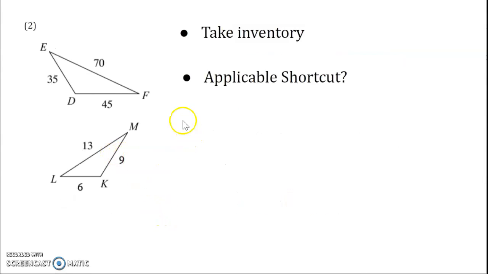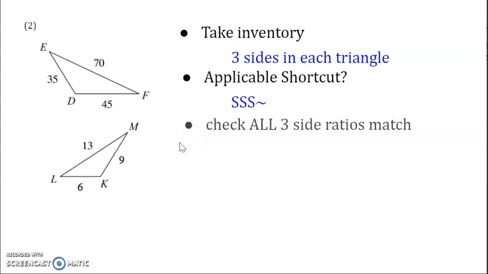Okay, take inventory of the second problem. What are we given? We have three sides and three sides. That means the applicable shortcut is side similarity. That means we need to check all three side ratios to match. Okay, so make sure you match the short with short, long with long. The shortest side in this triangle is 6.